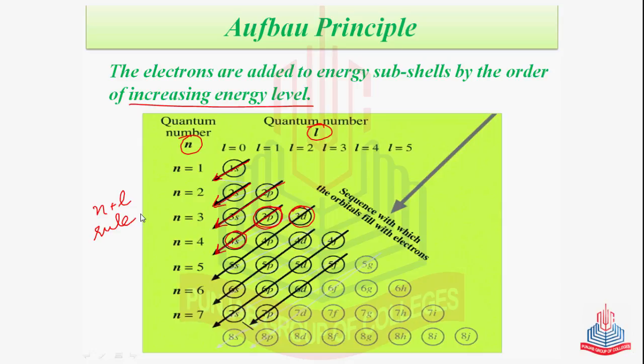After 3d we have 4p और 4p के बाद इलेक्ट्रॉन 4d या 4f में नहीं जाता जबकि 5s में जाता है.